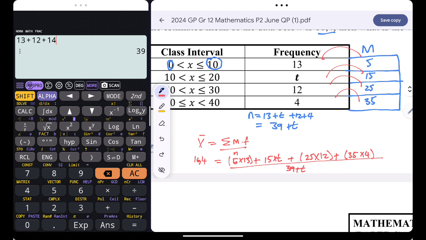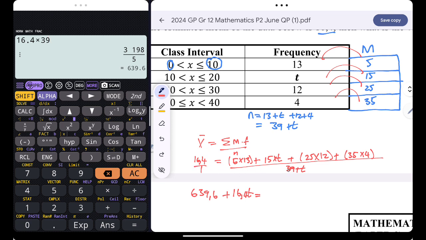Are we together? On the left hand side, I'll simply have 16.4 multiplied by 39. This will give me 639.6 plus 16.4t. Are you together? I'm cross multiplying over here.